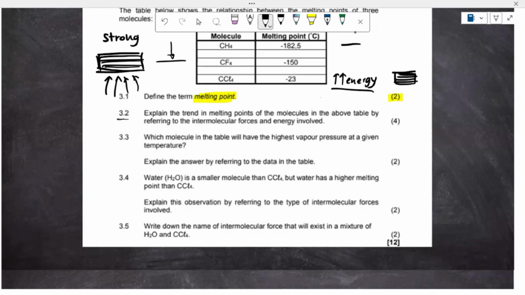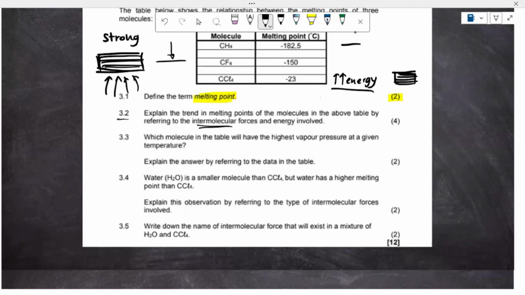But now they ask us to make specific reference to our intermolecular forces. So what we first actually have to do is take a look at our molecules and figure out what forces are there between these different molecules. So they all have the same force.